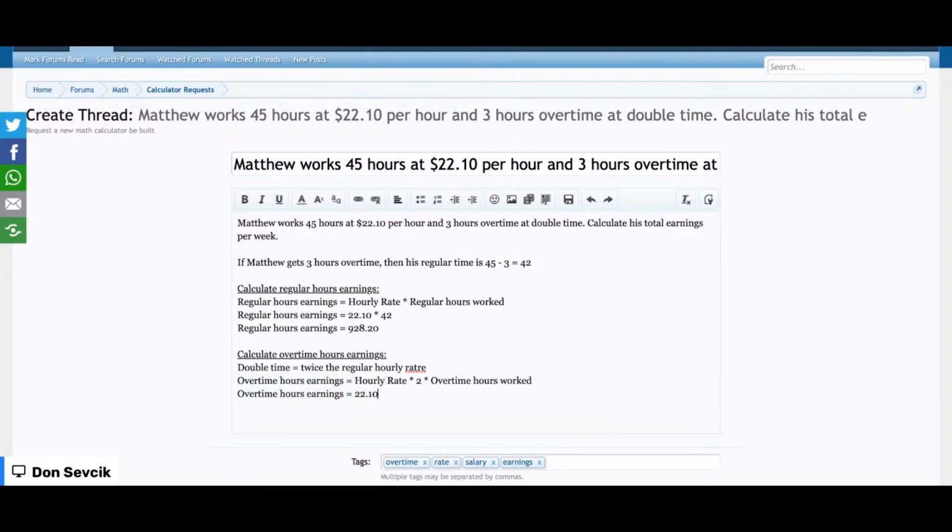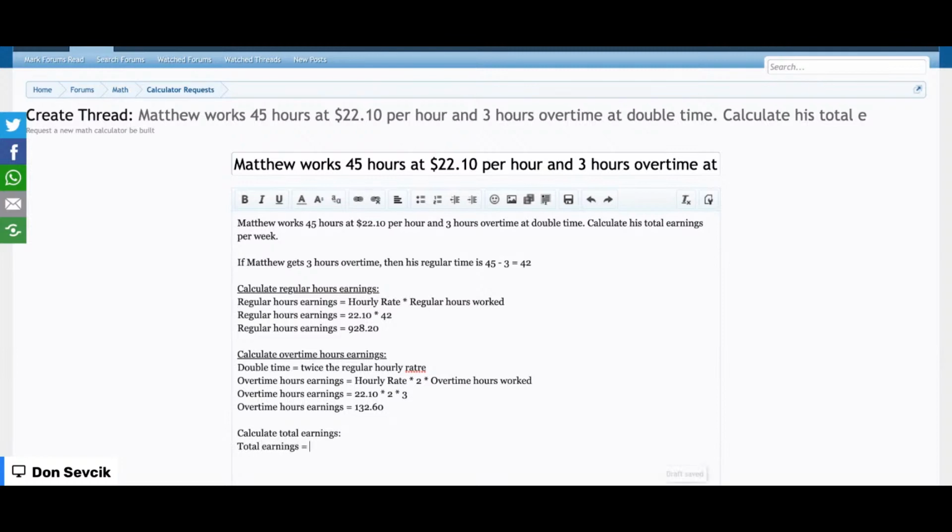You get 22.10, Matthew's regular rate, times 2 because he's getting double time, times 3 hours overtime, right? Going off camera to pop this in, he's got 132.60 overtime hours earnings. Calculate total earnings.